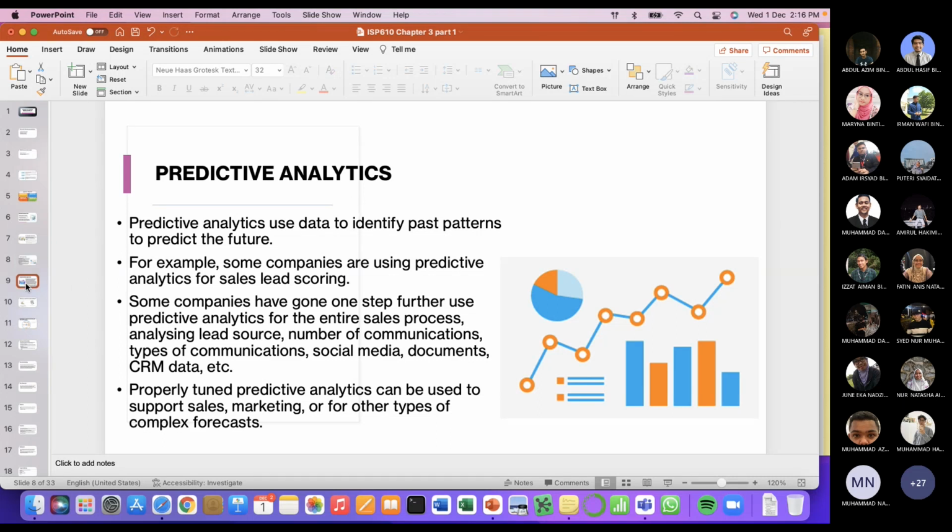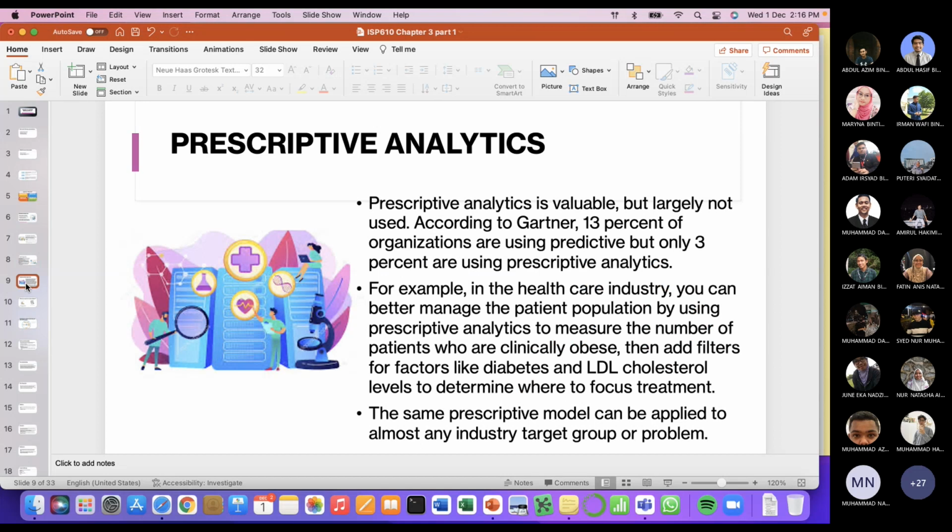And the last one is prescriptive analytics. So this prescriptive analytics ni, compared to the other three, this is the main thing yang sepatutnya ada. Okay, maknanya kalau you buat analytics tu, it must cover prescriptive analytics.